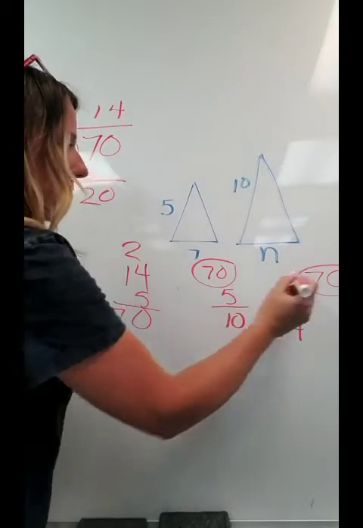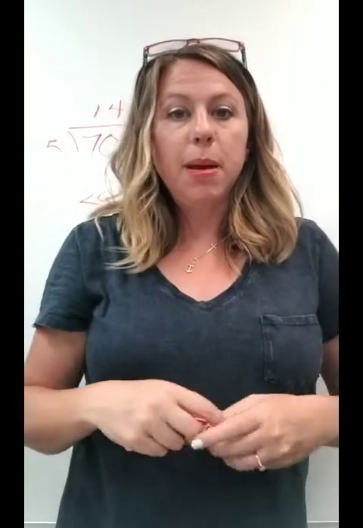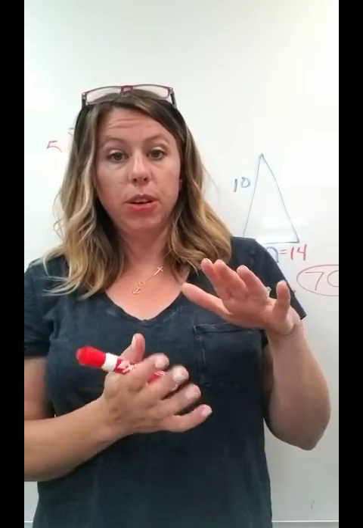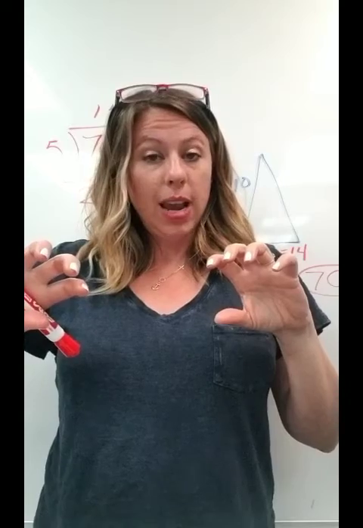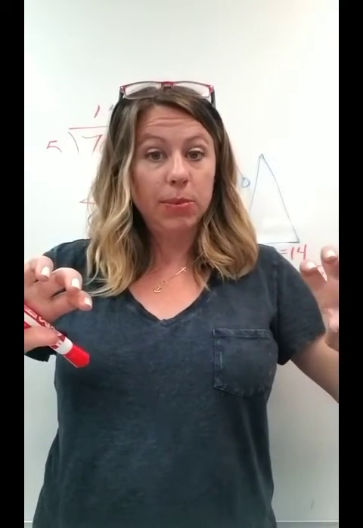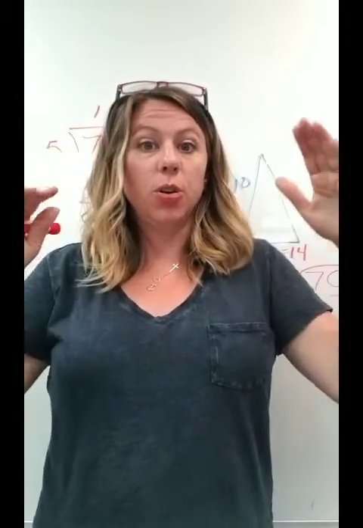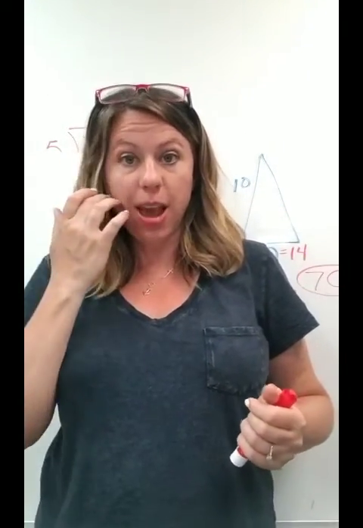So 14 is the right answer. n equals 14. So to find that missing side, you're going to create a ratio. You're comparing two like sides together, one side from one shape compared to the exact same side from the other shape, okay? And then the other two, and you're going to cross multiply to find that missing length, okay?